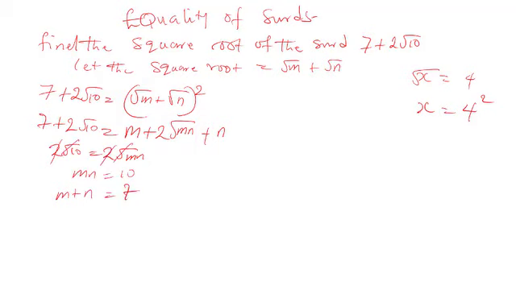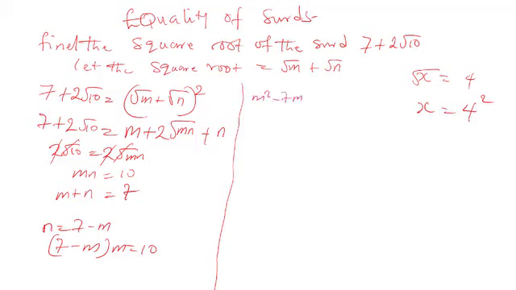Now let's solve the equation. Let's take n to be equal to 7 minus m. We substitute it into this, we now have 7 minus m times m is equal to 10. So with this, we have m squared minus 7m plus 10 equal to 0.